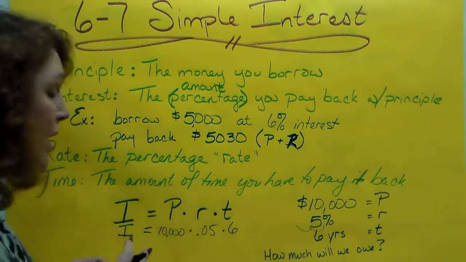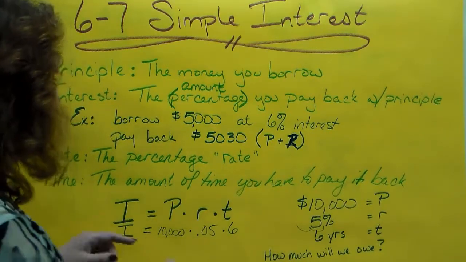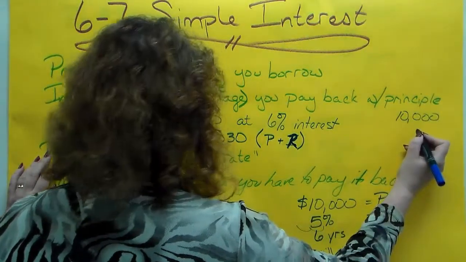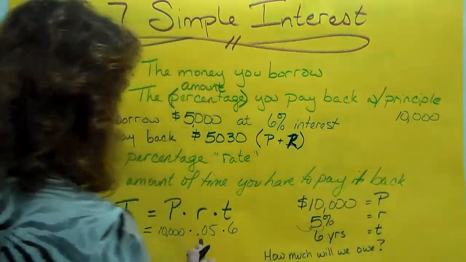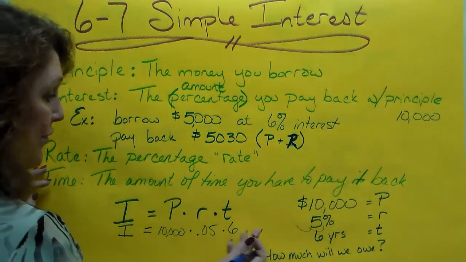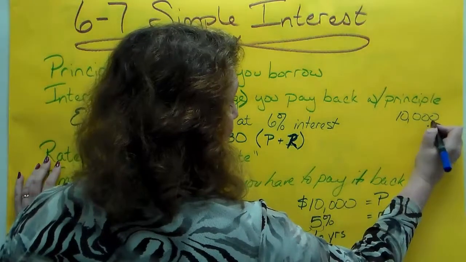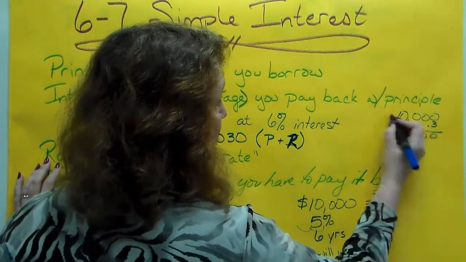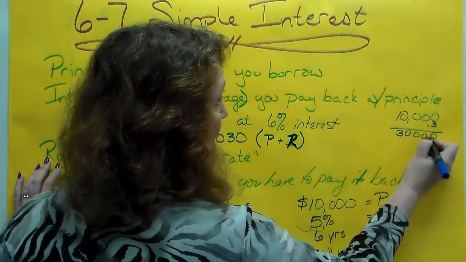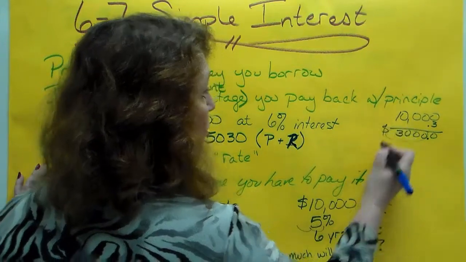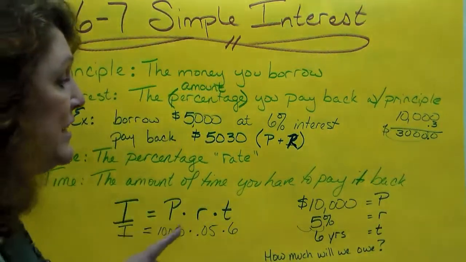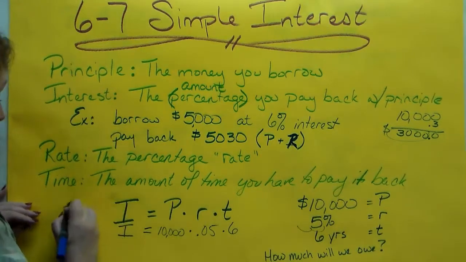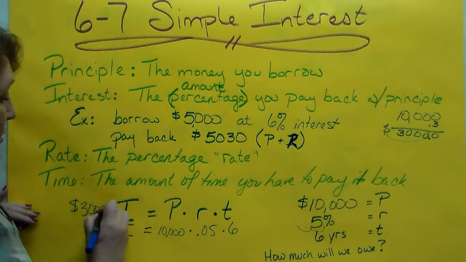Now this is a straight multiplication question. 0.05 times 6 is 0.30, that's 0.3. So 10,000 times 0.3 is $3,000 in interest.